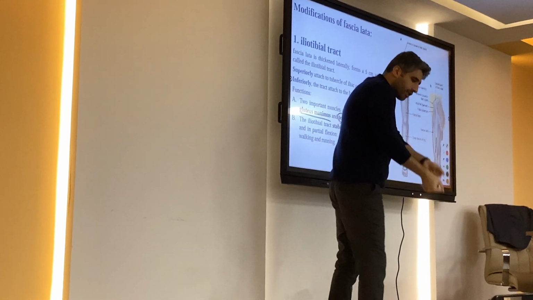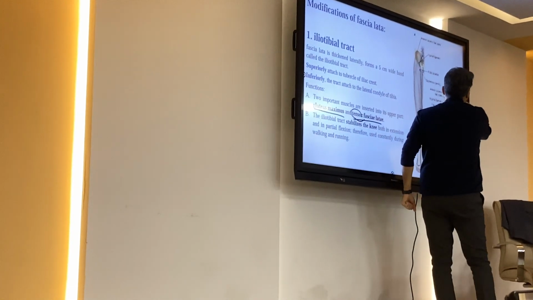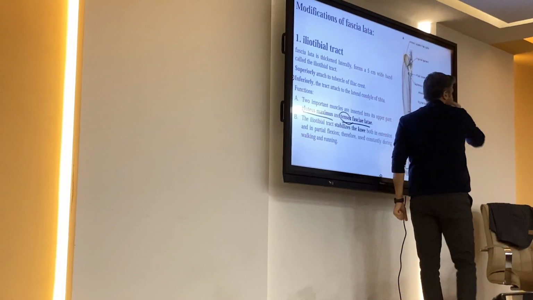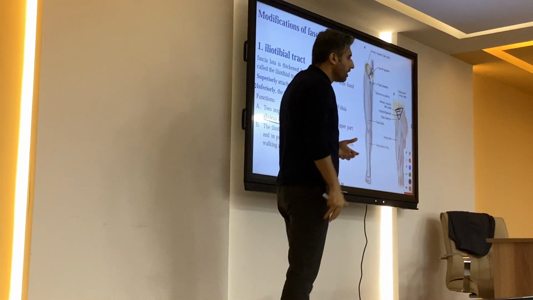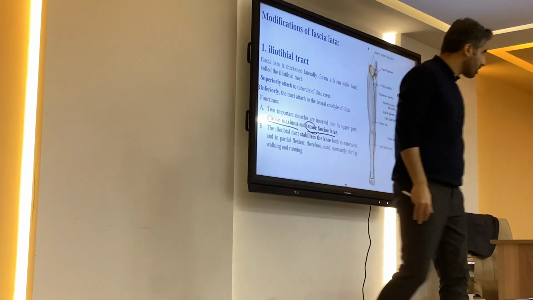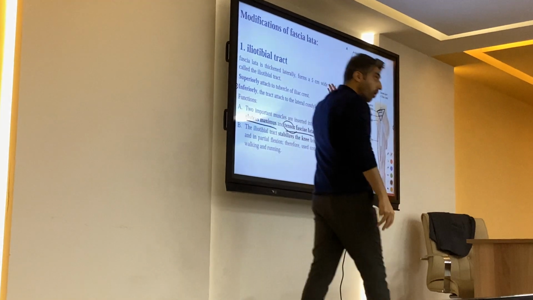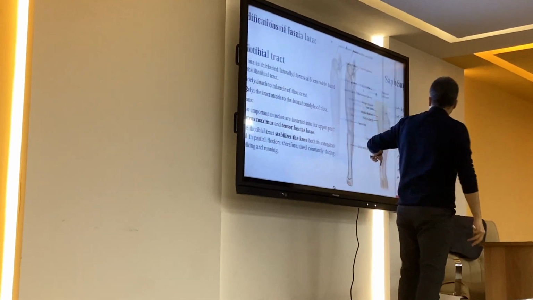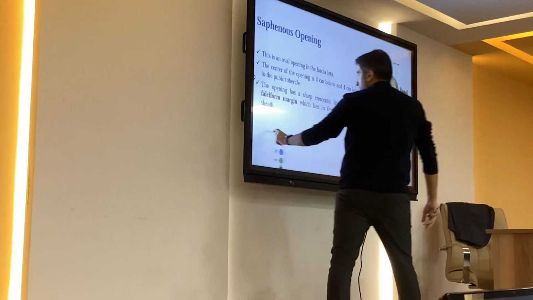This muscle, tensor fasciae latae, pulls the fascia lata. So they help walking, flexion and extension of the knee, and stabilize the knee joint. It's a part of the fascia lata, the iliotibial tract. You have one foramen in the fascia lata.